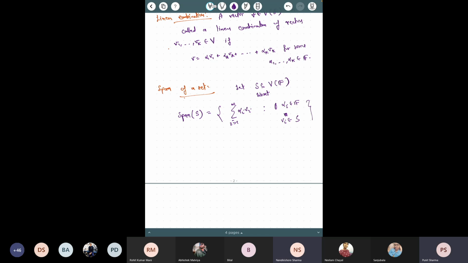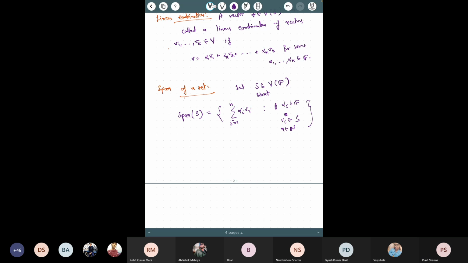So when you say span of S, it is the collection of all finite linear combinations of vectors from S. Whenever we say span of S, it is always a finite linear combination of vectors from S. So that means this n belongs to the natural numbers.